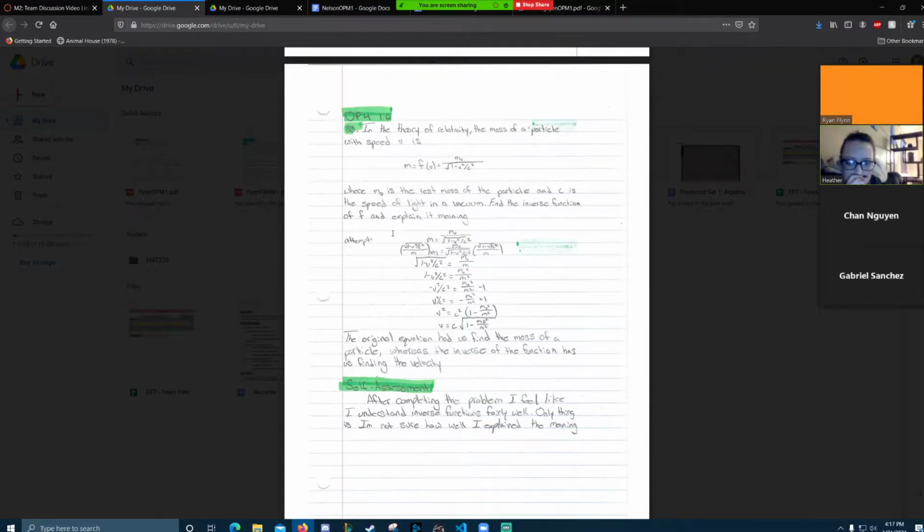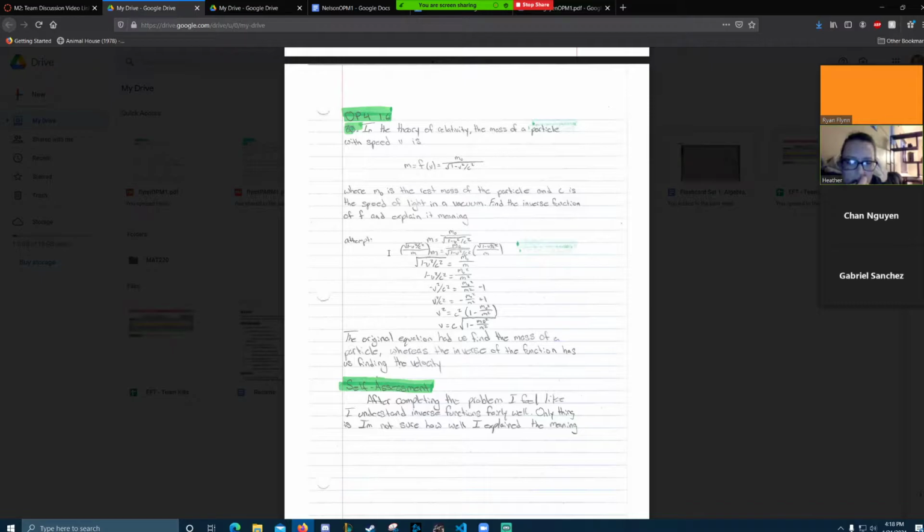So here's the original equation right there, and it wants us to find the inverse. To find the inverse, I multiplied both sides by the square root of 1 minus v squared divided by c squared over m to get that. Once you do that, you get the square root of 1 minus v squared over c squared equals m0 over m.